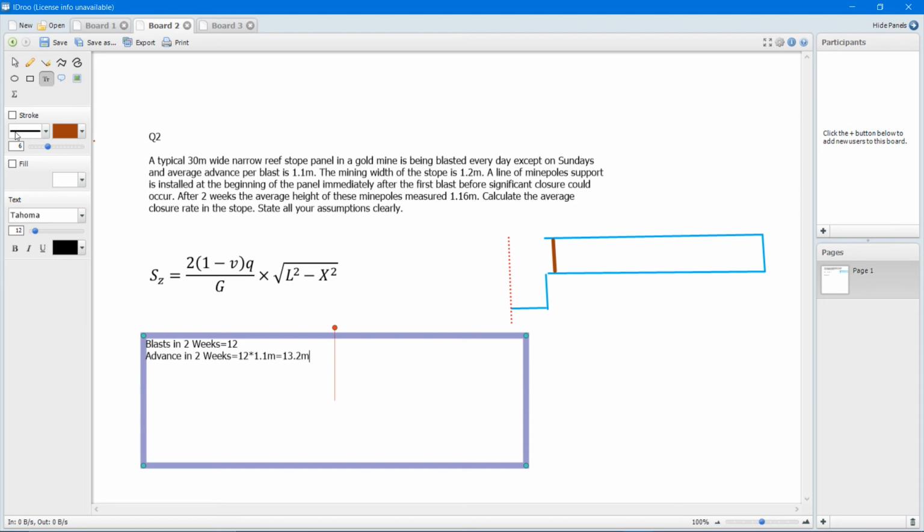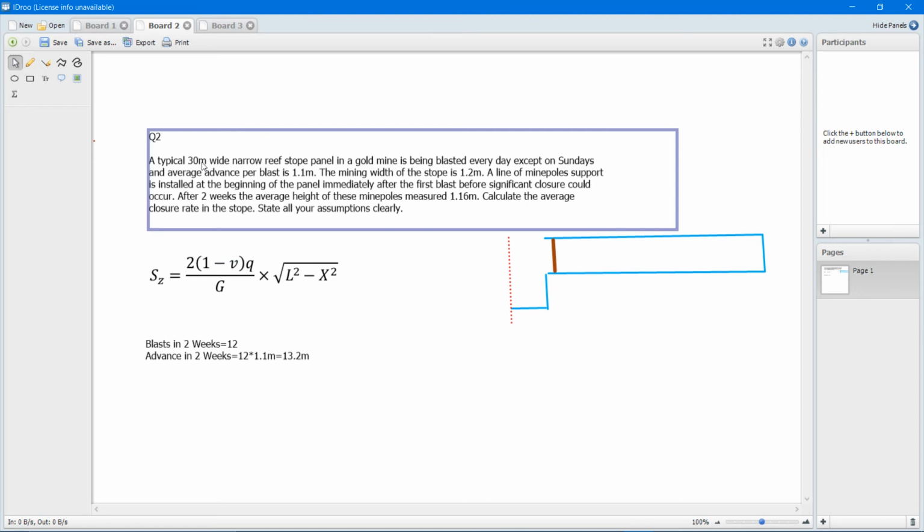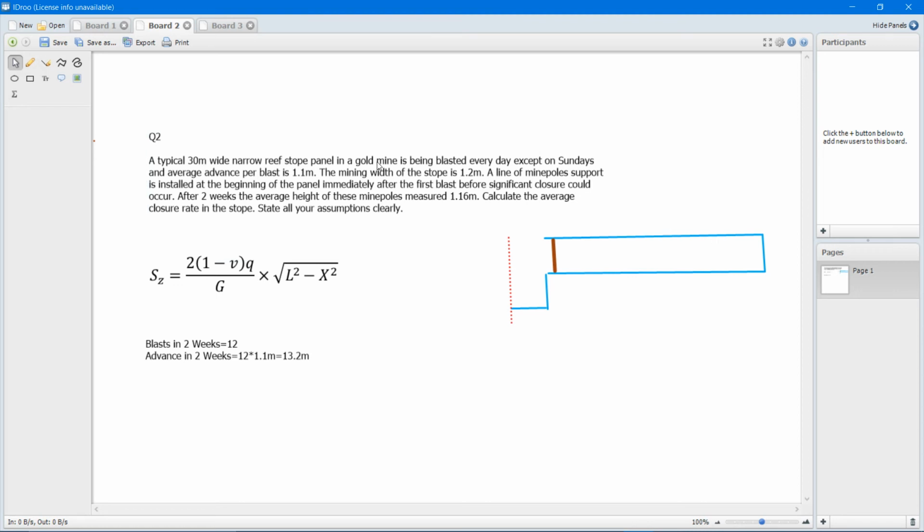The problem being now, we don't have a Poisson ratio. We don't have Q. We might know how far the panel has gone, L, and X is not so clear. All we know is that this is 30 meters wide as a narrow reef, right?